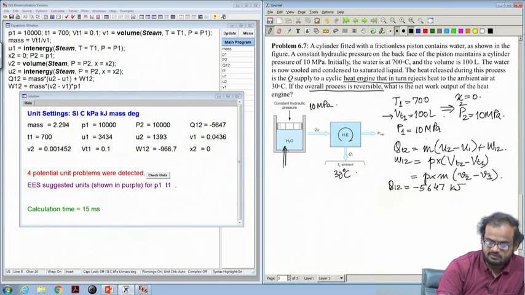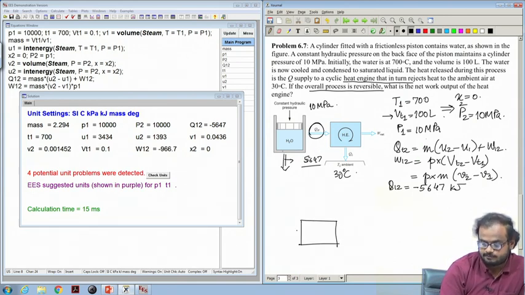So if this was the heat, this much amount of heat would be minus 5647, which means if I draw the arrow like this, it would be 5647. So this particular Q is nothing but 5647. If I draw the heat engine now, this particular heat to the heat engine, which is QH, is nothing but minus of Q12.